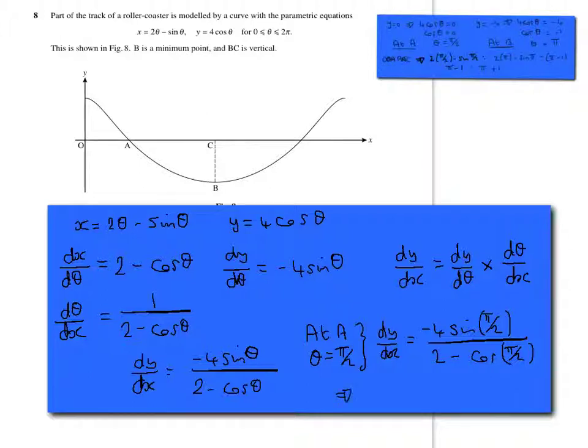So therefore the gradient, typing this into your calculator, or maybe just knowing it, because sin of pi over 2, well, that's 1, and cos of pi over 2, well, that's 0. So we end up with minus 4 over 2, which gives us a gradient of minus 2.